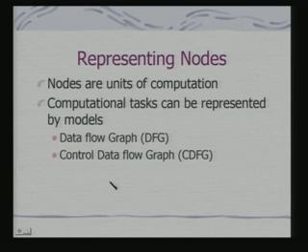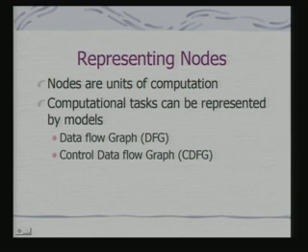Next comes, how do you represent the nodes? We have talked about attributes of the nodes, and we said that the nodes really represent computations. And if the nodes represent computations, that computation can be expressed in terms of any programming language. In today's lectures, we are considering the representation in terms of imperative languages, that is procedural programming languages.